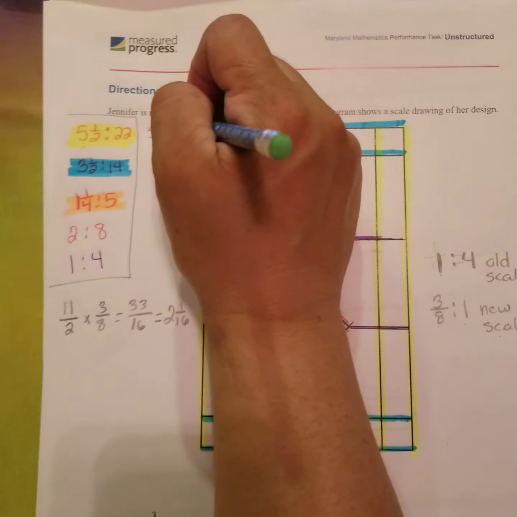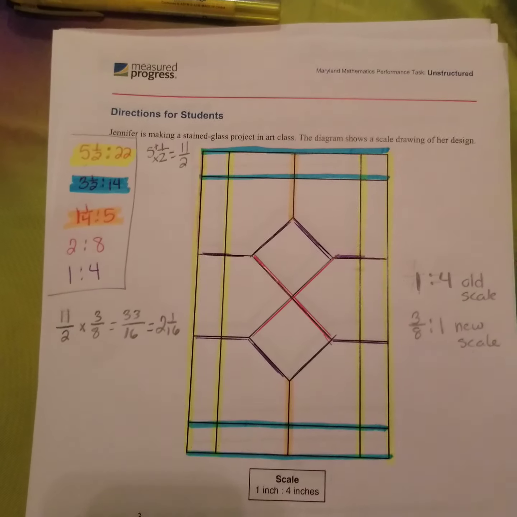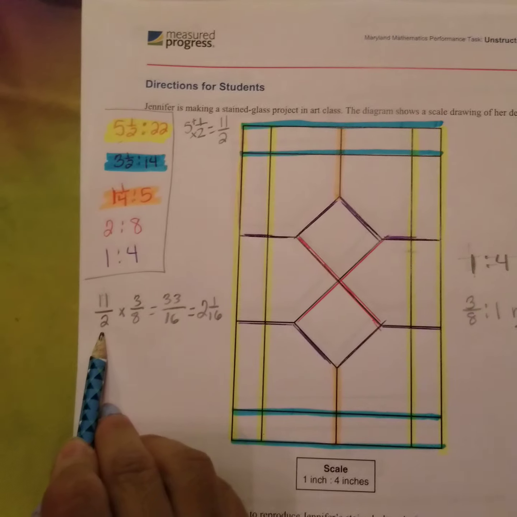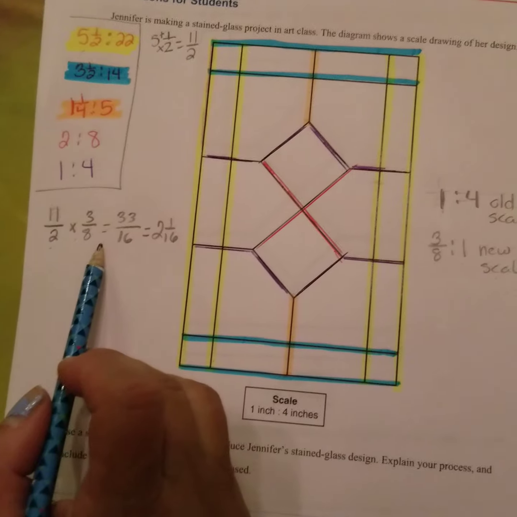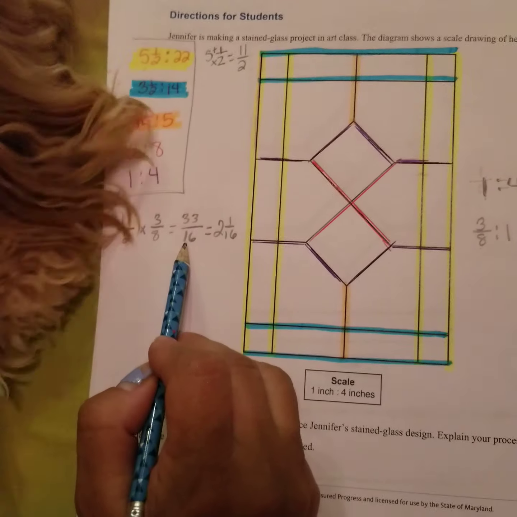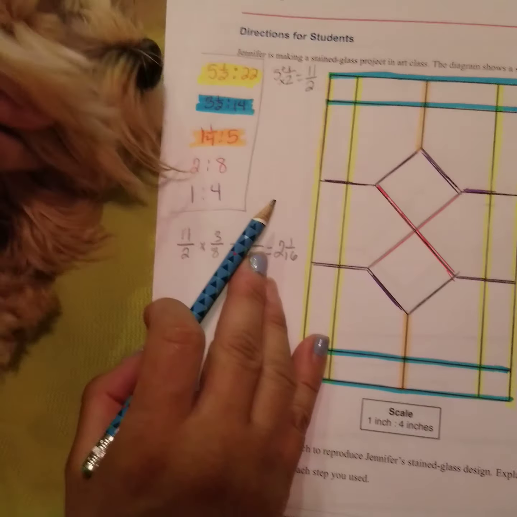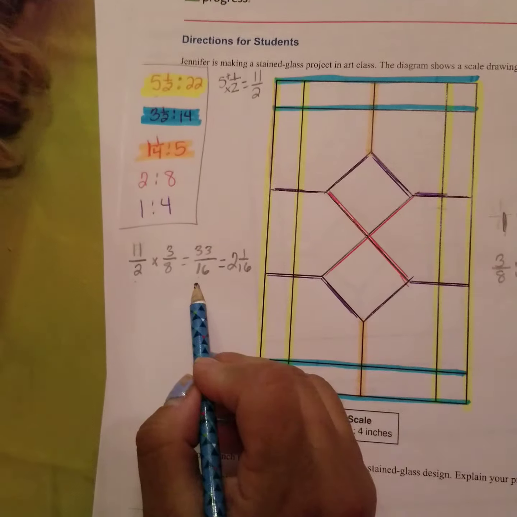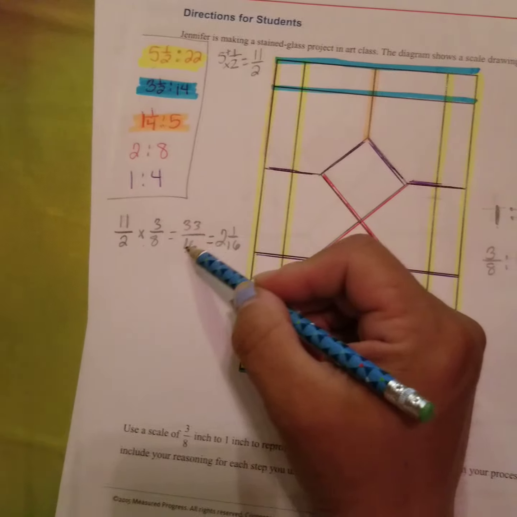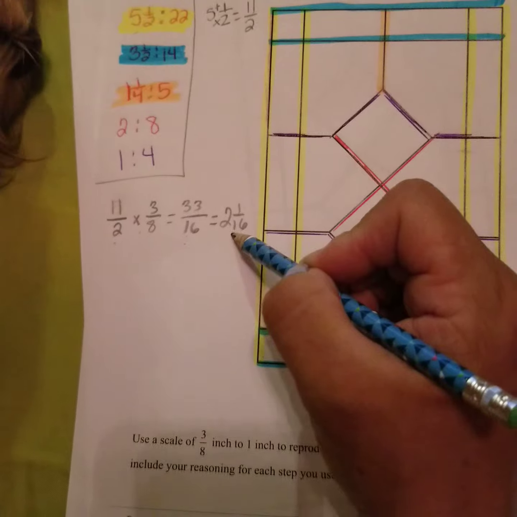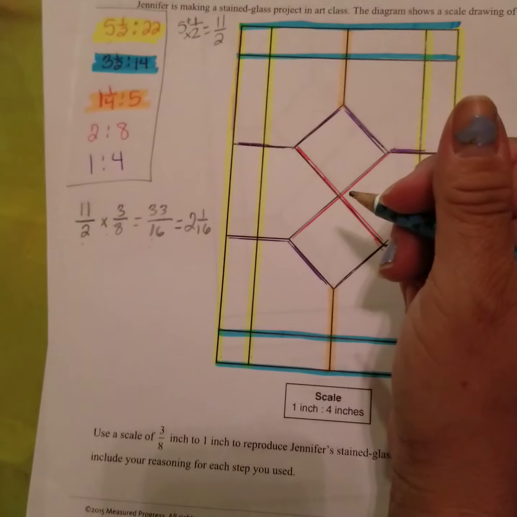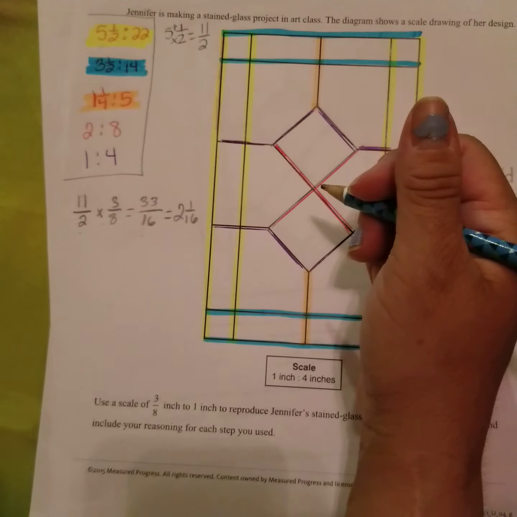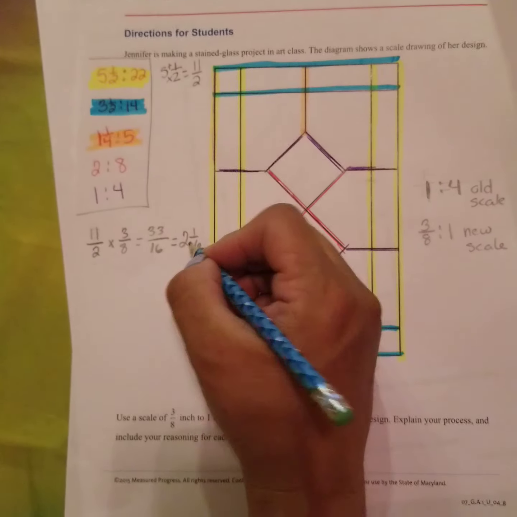And that gave me 11 halves. So there's my 11 halves. And I multiplied that by 3/8. And I got 33/16, which is an improper fraction. So I had to reduce or simplify it. So now my fraction, or my scale, would be 2 1/16.